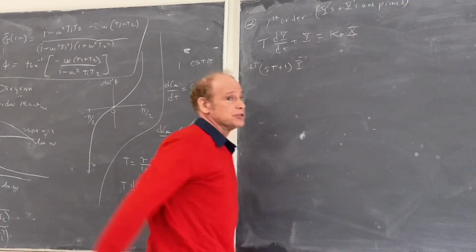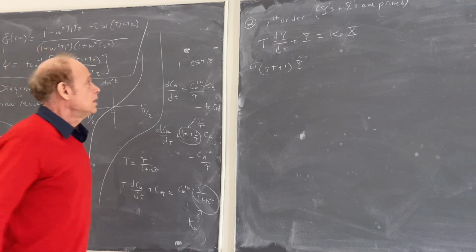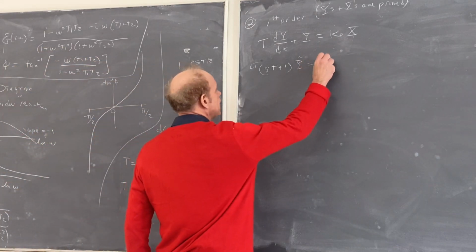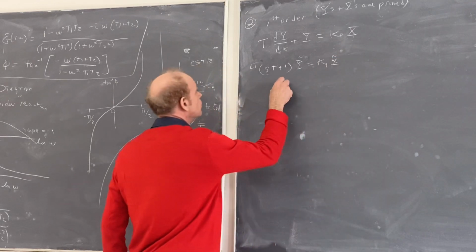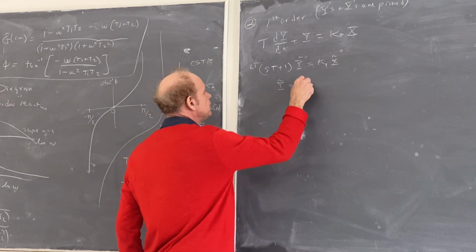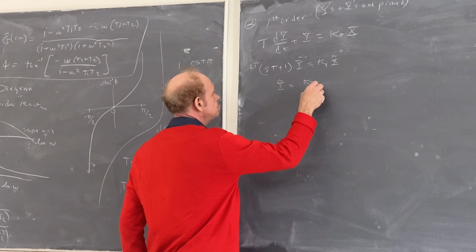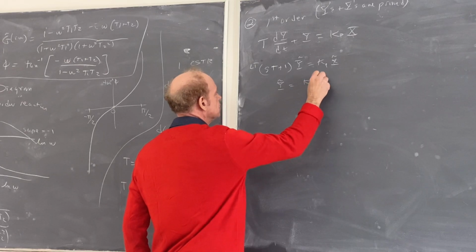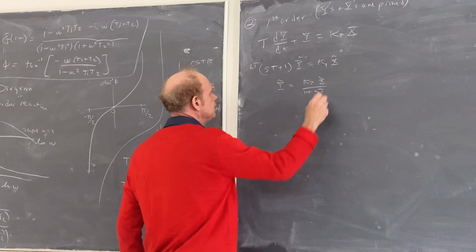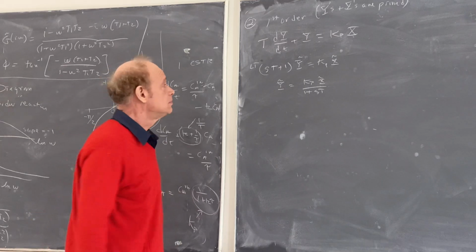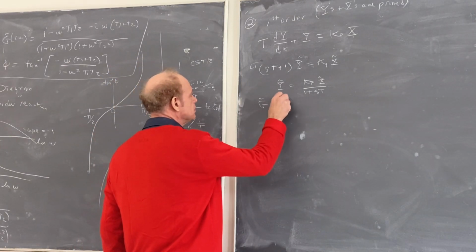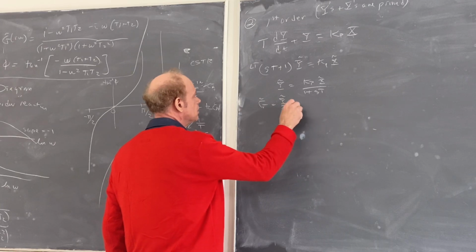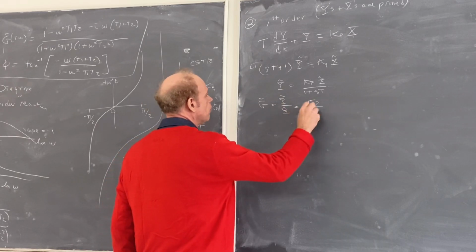That is equal to Kp x tilde, or y tilde is equal to Kp x tilde over 1 plus sτ. And G tilde, which is y tilde over x tilde, is equal to Kp over 1 plus sτ.